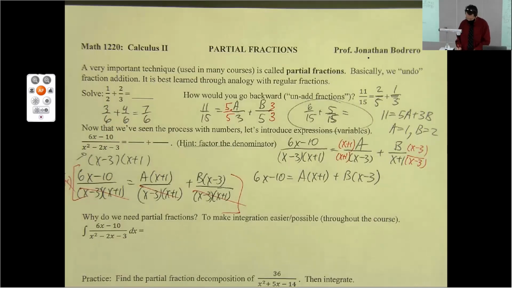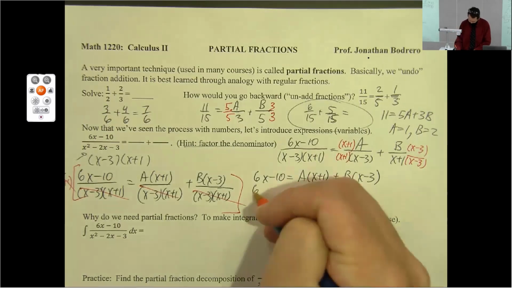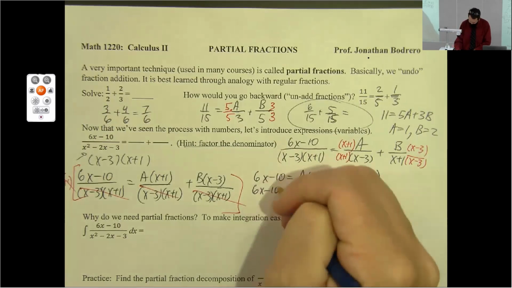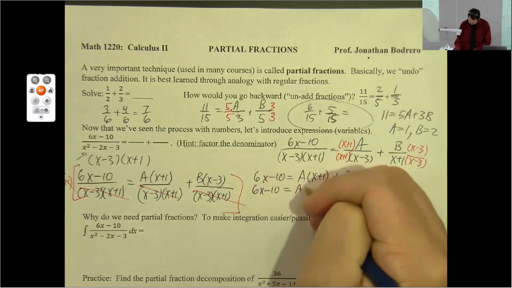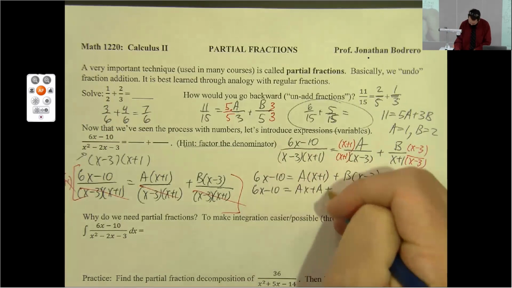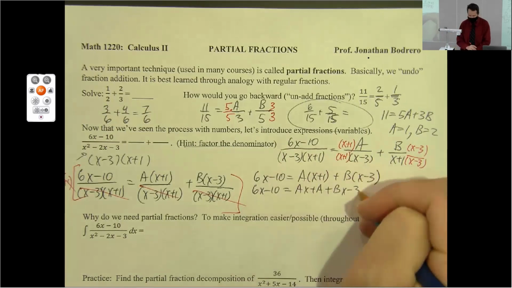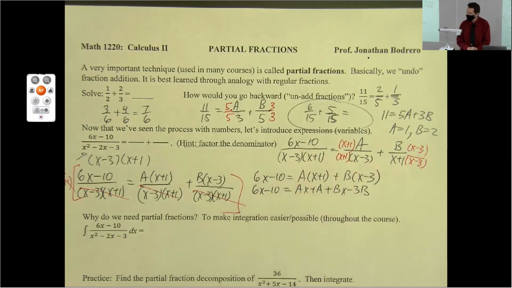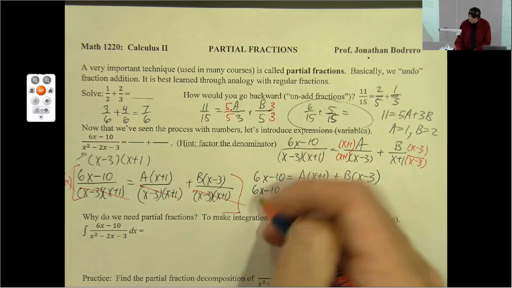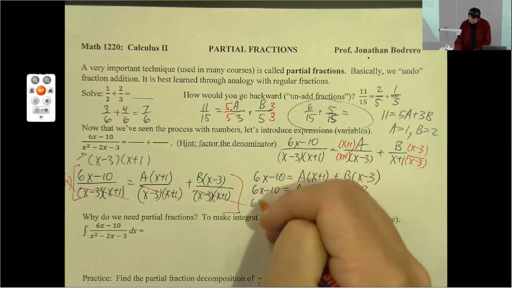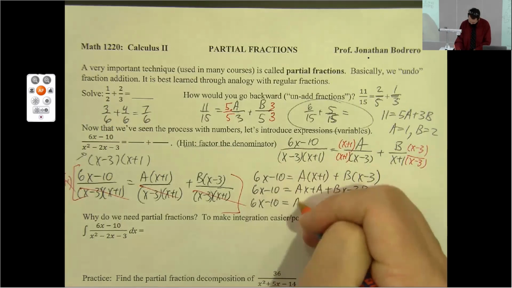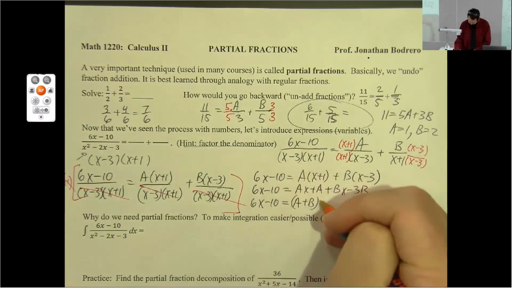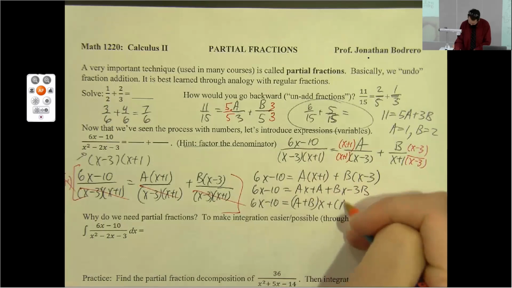Choice 1, let's go ahead and show you something that will help you out a little bit later. We've got 6x minus 10 is equal to ax plus a plus bx minus 3b, just using the distributive law. And I'm going to rewrite this as 6x minus 10 equals a plus b times x plus a minus 3b.